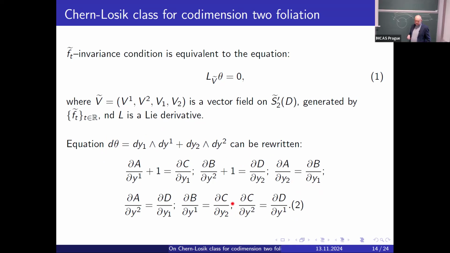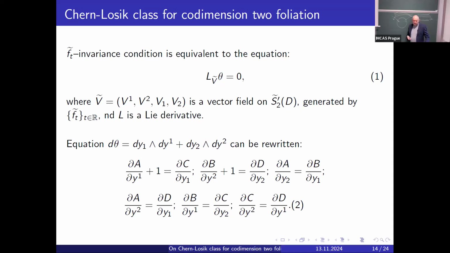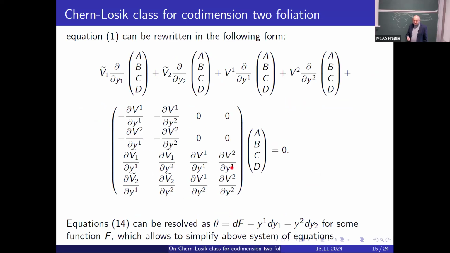So a, b, c, d functions, they satisfy these equations. And these equations mean that d theta equals omega, and these equations are equivalent to Lie derivative equals 0. So we need to solve this system of equations or prove that there is no smooth solution.